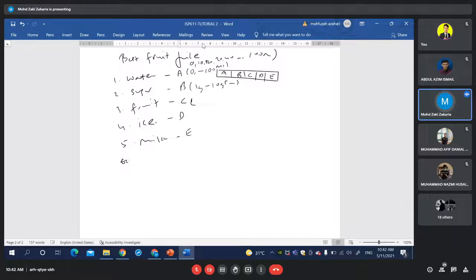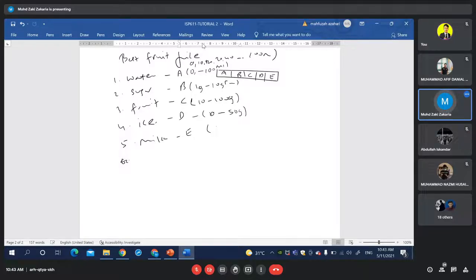Fruit, maybe 10 gram to 100 gram. Ice in gram, 0 gram to maybe 50 gram.